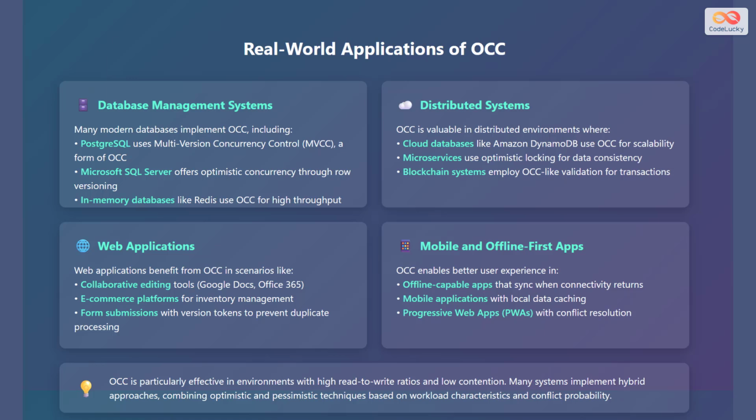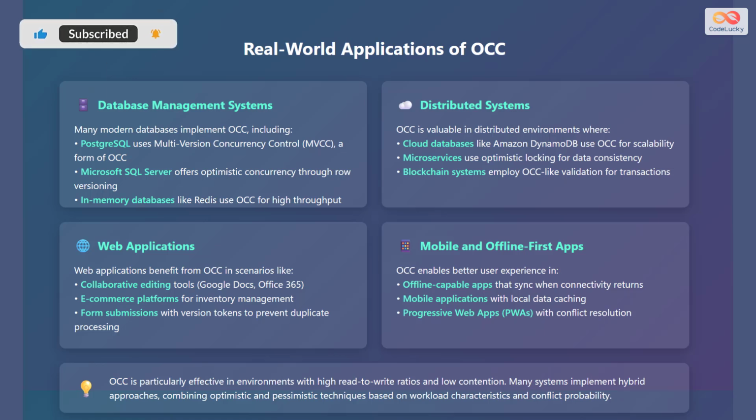Web applications benefit from OCC in scenarios like collaborative editing tools, for example, Google Docs and Office 365, e-commerce platforms for inventory management, and form submissions with version tokens to prevent duplicate processing.